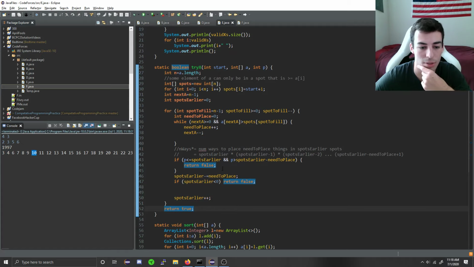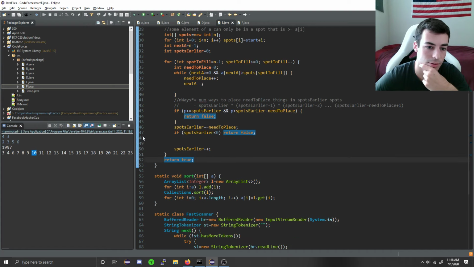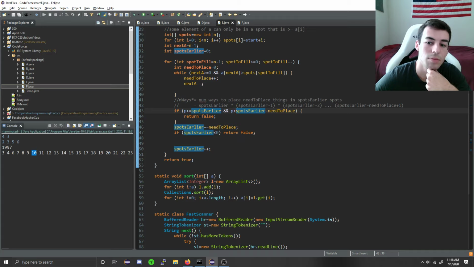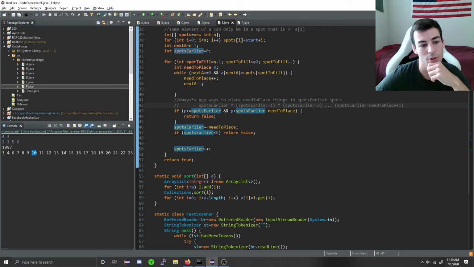Well, for one of these big numbers like 10, what is it going to be? It's going to be 4 factorial, or it should be 4 factorial at least. There should be 4 spots, and we can place 4 things in them.